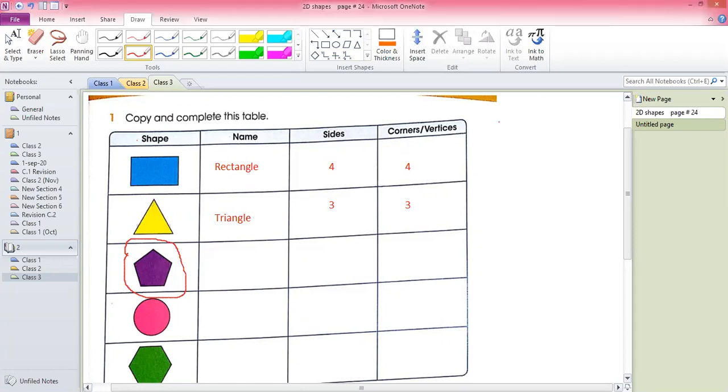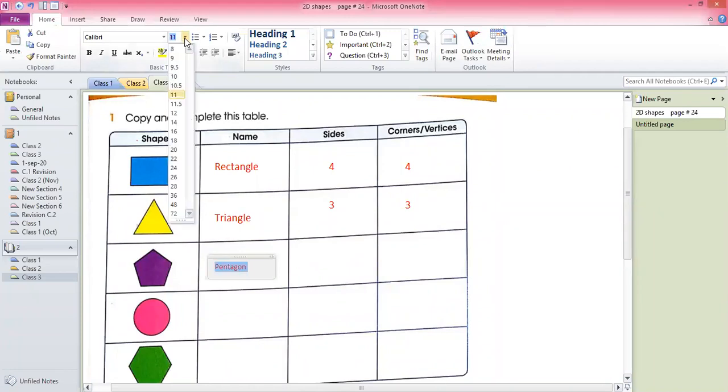All right, guys. So I have received answers from all of you. Now I'm going to write it. This is a pentagon. So the spelling is pentagon. How many sides? 5. And how many corners? Also 5.